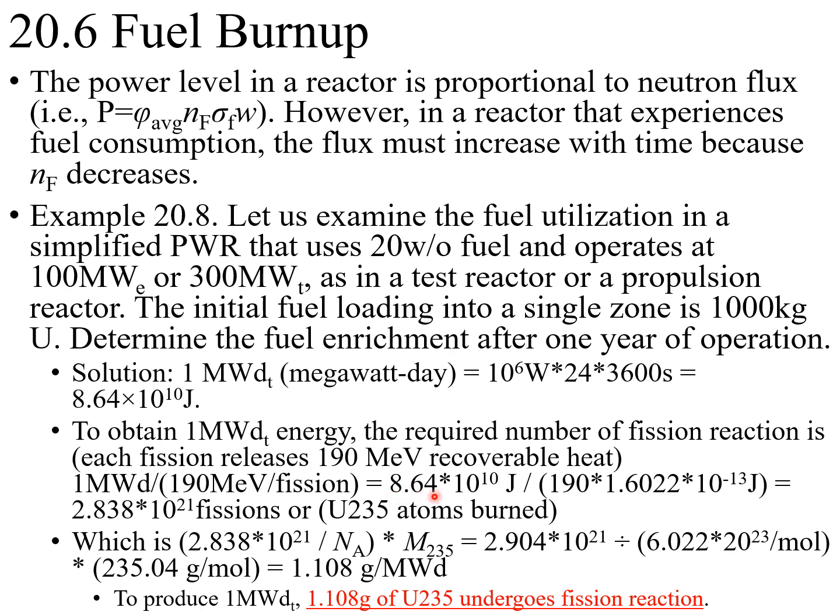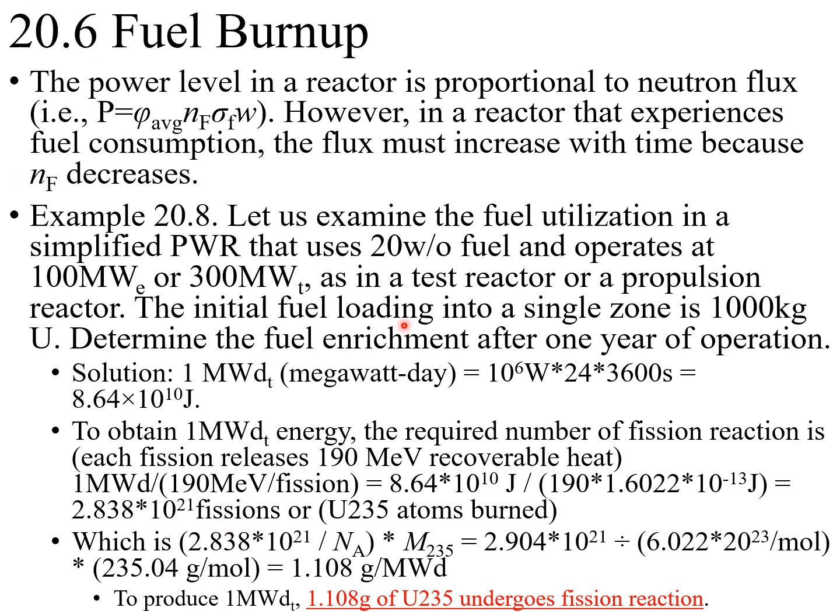So we use the total amount of heat over 190 MeV. Certainly we need to convert 190 MeV to joule. Then we get this number of fissions. Each fission reaction will burn 1 uranium-235. Therefore, to produce 1 megawatt day, it will consume this number of uranium-235.